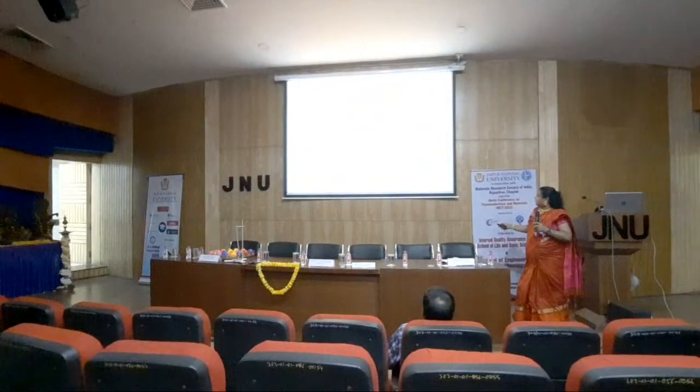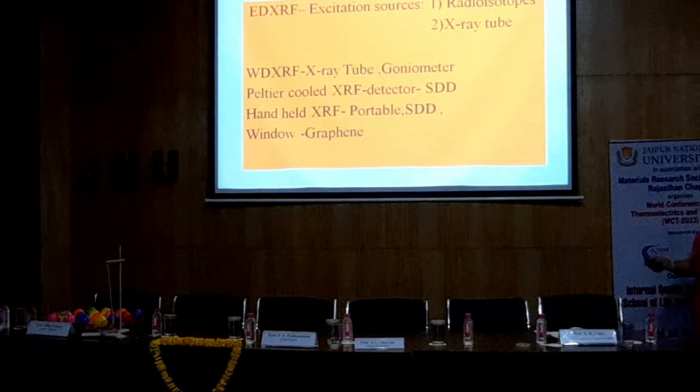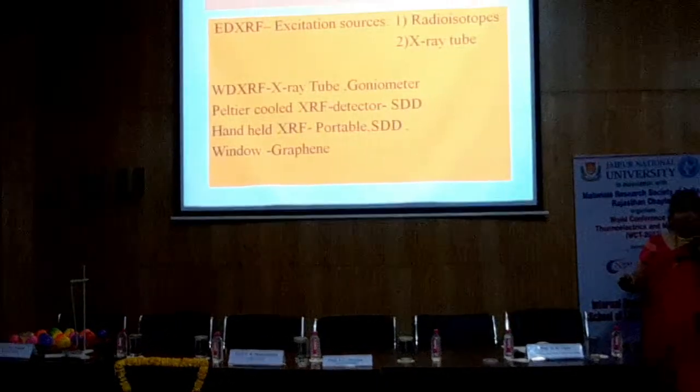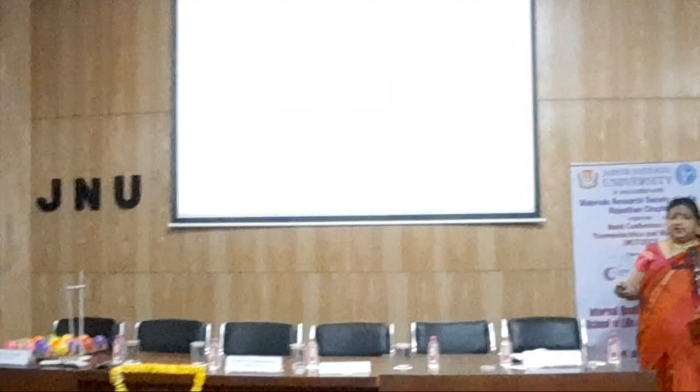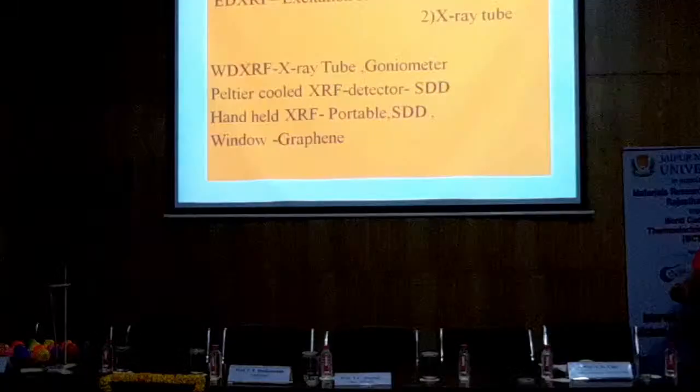Then you have the handheld, which is again portable, in which the window is graphene. I'll tell you the difference. In general X-ray fluorescence, we use a semiconductor detector, which uses a beryllium window. Beryllium window absorbs the low energy X-rays. We are unable to detect aluminium and lower Z, phosphorus, sulfur.